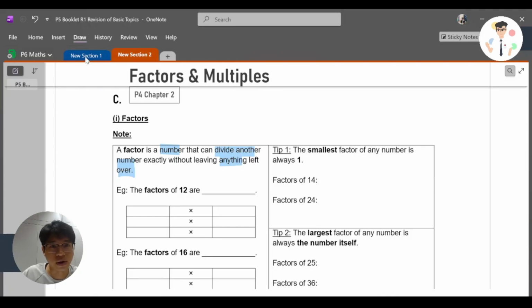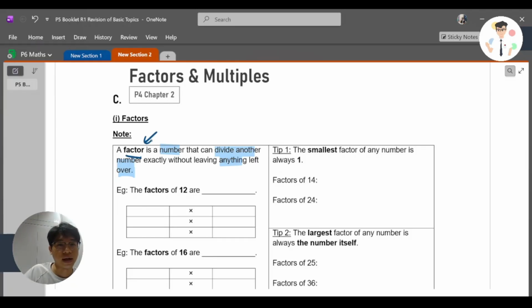This might sound a bit confusing, but you can understand factors as the numbers that build up another number.